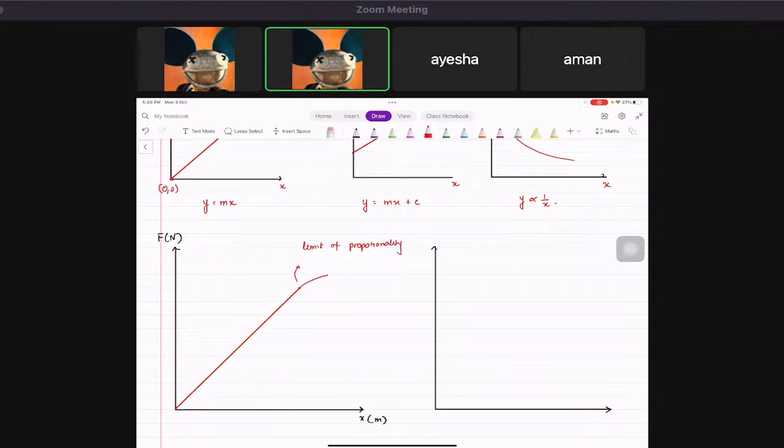You can also define the limit of proportionality, and I would just like to tell you that the limit of proportionality means a point beyond which the material does not obey Hooke's law. Is it clear?